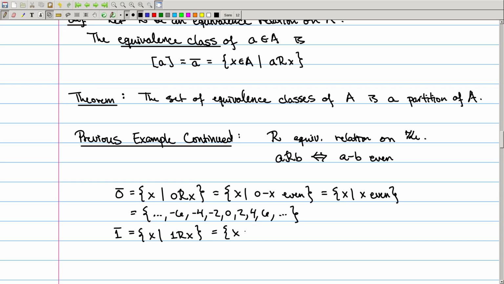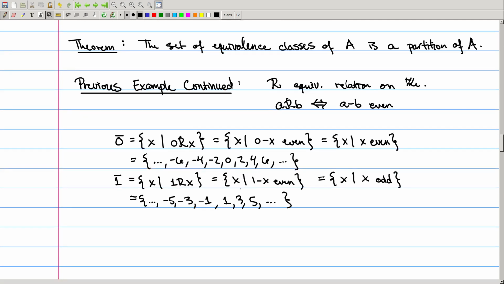This is the set of all x such that 1 minus x is even. Now, the only way for 1 minus x to be even is if what? If x is odd. So the equivalence class of 1 is the set of all odd integers. And again, we can write this out explicitly if we want to. And it's going infinitely in the negative direction and the positive direction.